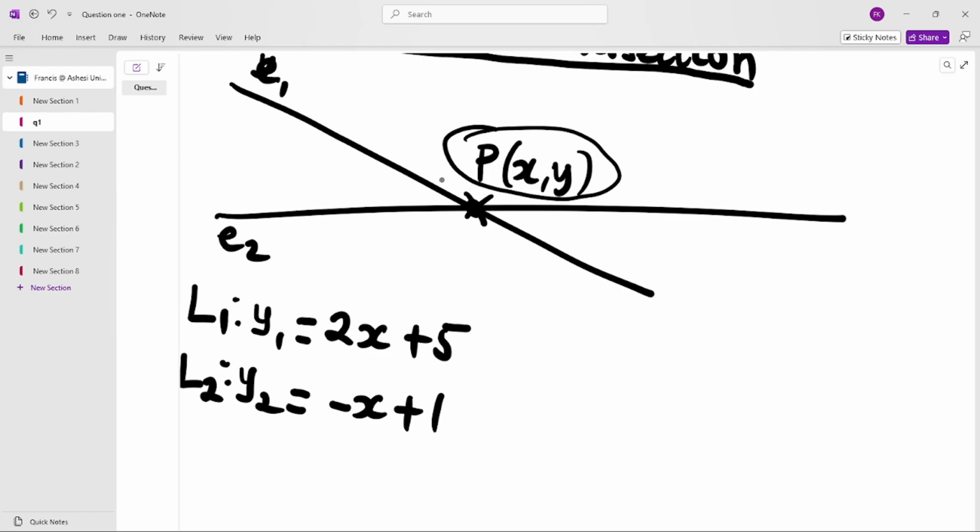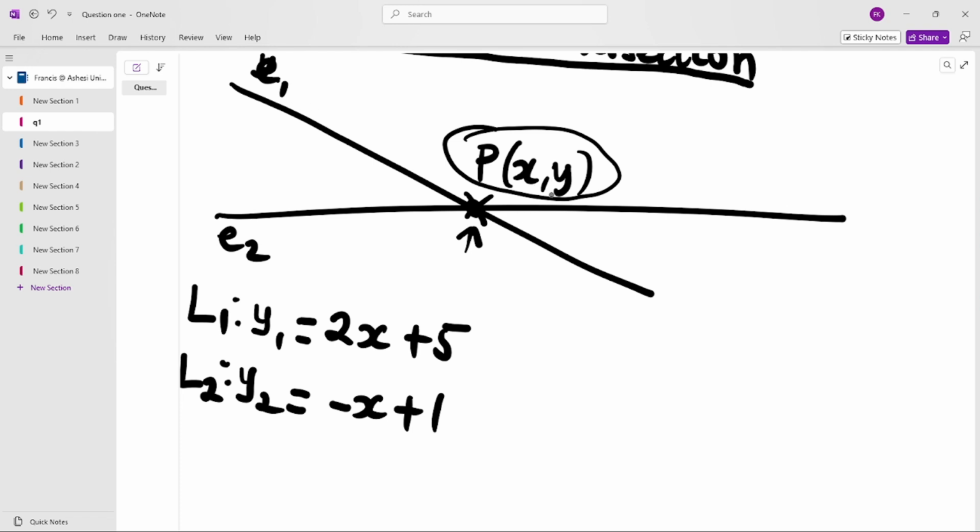Let me come again. The place where they meet, in this case, is a unique point with coordinates such that the coordinates satisfy line 1 and line 2.